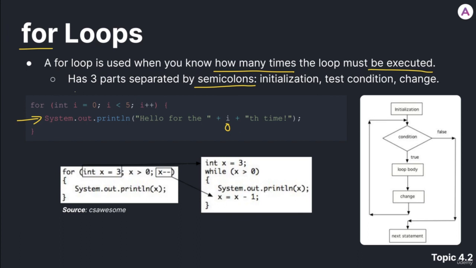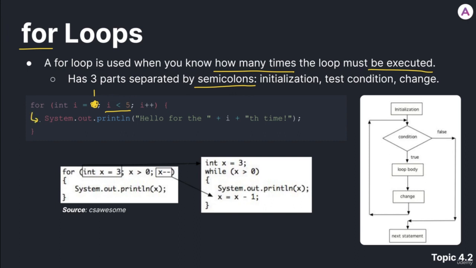So now the value of i is no longer 0, it's 1. Since i is now 1, here's where the test condition comes in. You'll notice this is very similar to the while loop, because now we're literally just checking whether i is less than 5. Is i less than 5? Yes, it is.